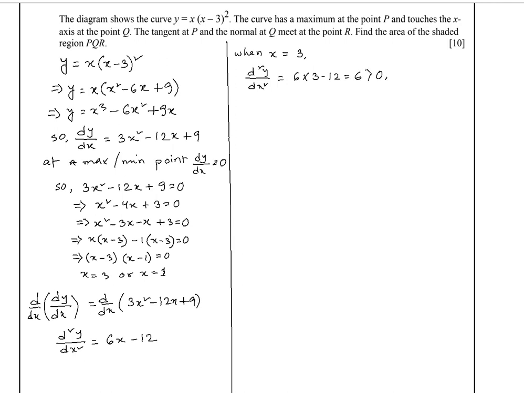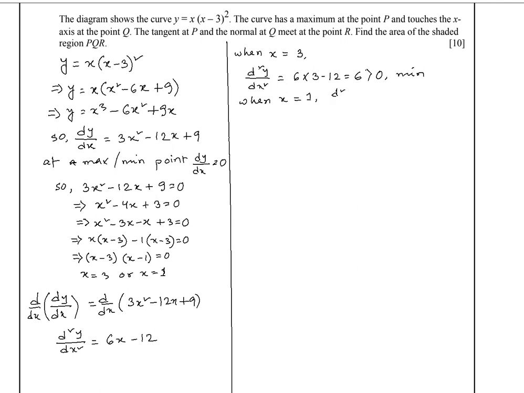The 6 is greater than 0. When the second order derivative gives a positive result using the x coordinate of a stationary point, at that point a minimum point occurs on the curve. So at x equals 3 we have a minimum point. Now let's use x equals 1.